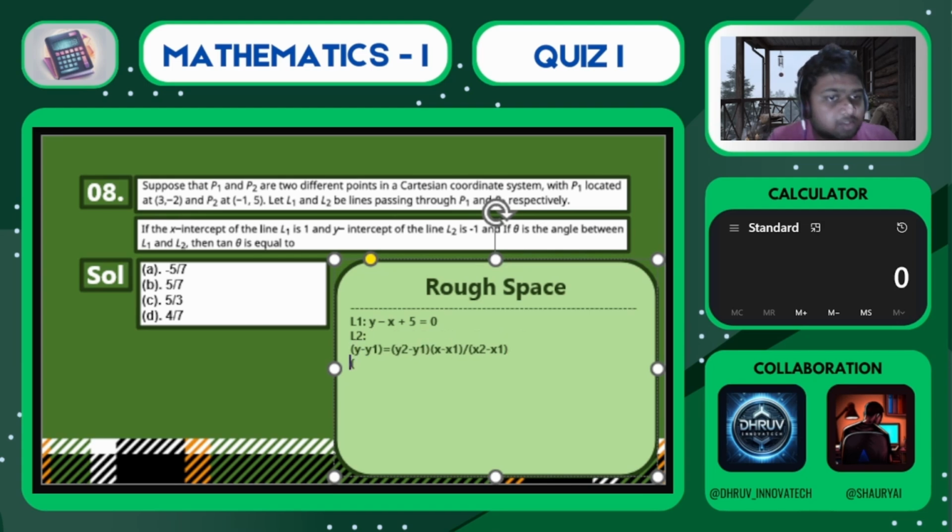Now substituting the values. y minus 5 equals (0 minus 5, that is minus 5) multiplied by (x minus x1, which is minus 1, so it becomes plus 1), divided by (x2, which is 0, minus x1, which is again plus 1).